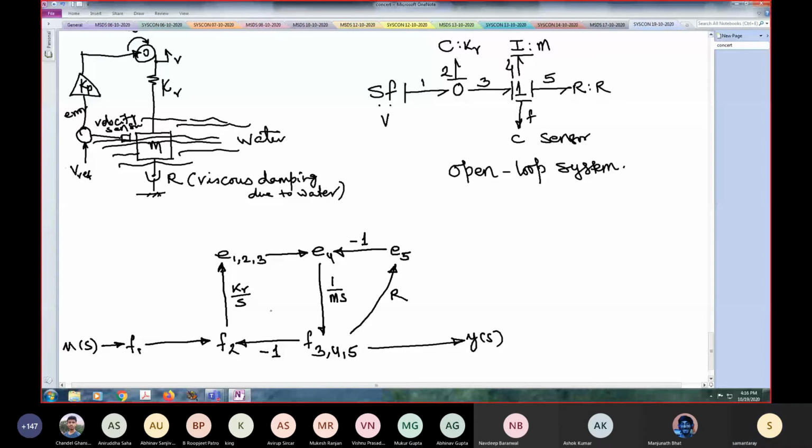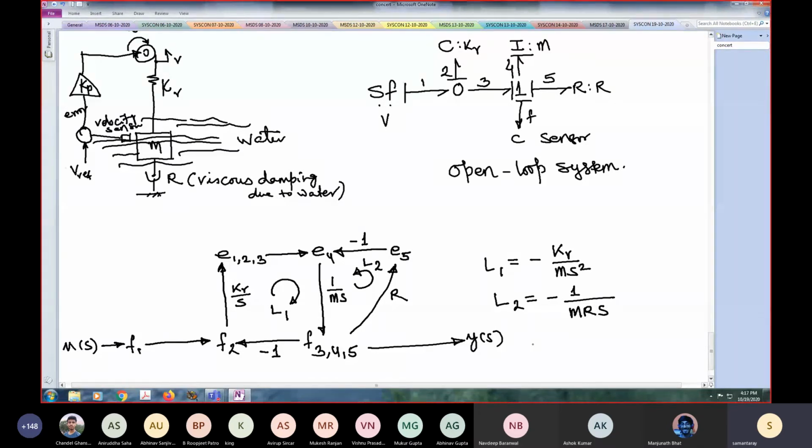You have loop 1 here, loop 2 here. So we write the loop gains: L1 comes out to be minus Kr by ms square, L2 is minus 1 by R or minus R by ms. So these are our loop gains.